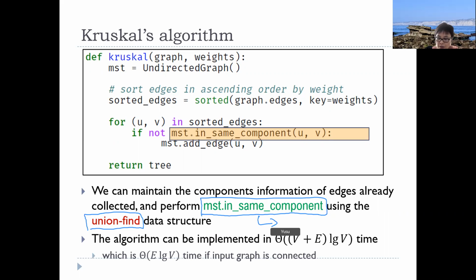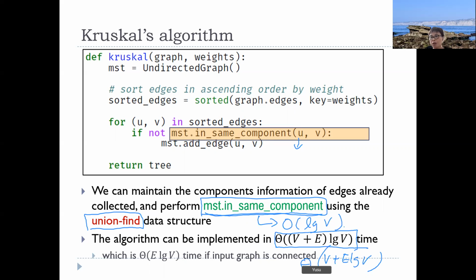Remember, using BFS I have to spend linear time here, but using the union-find data structure, this step can be achieved in log V time, so-called amortized time. And of course, this step has to be done E times, so the total time complexity becomes V plus E log V. And if the input graph is connected, this is simply E log V.